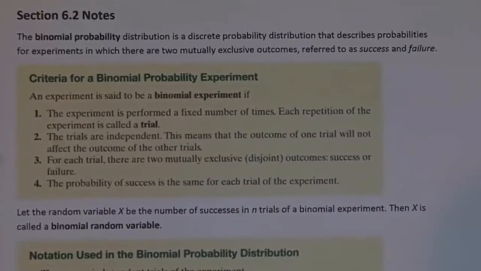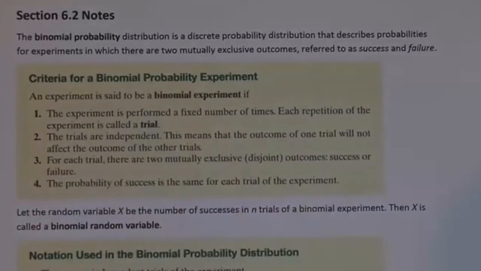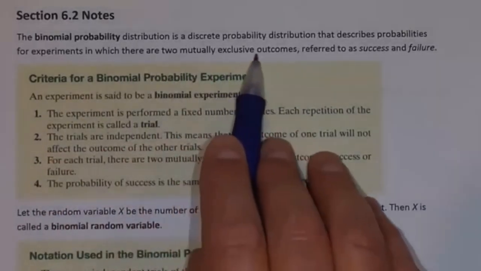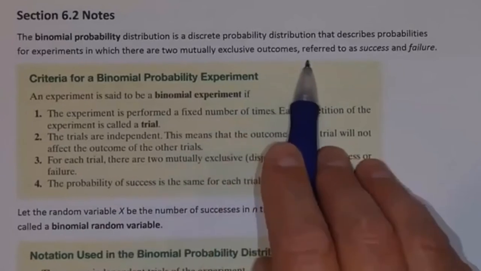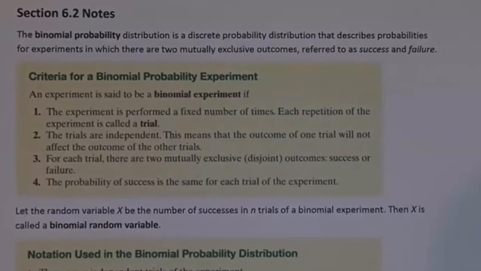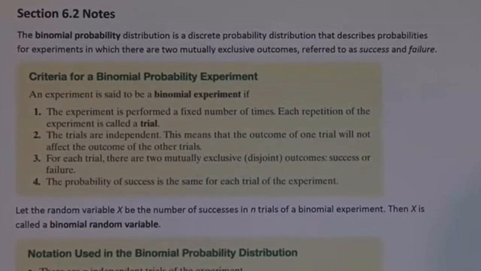A binomial probability distribution is a discrete probability distribution that describes probabilities for experiments in which there are two mutually exclusive outcomes, referred to as success and failure. So in a binomial probability distribution, there's only two outcomes possible. And generically, we're going to refer to those two outcomes as success or failure.